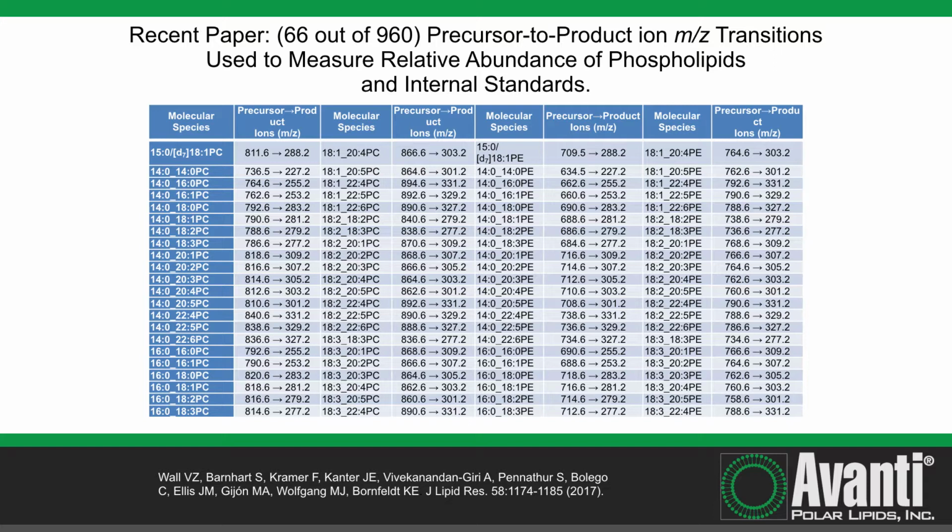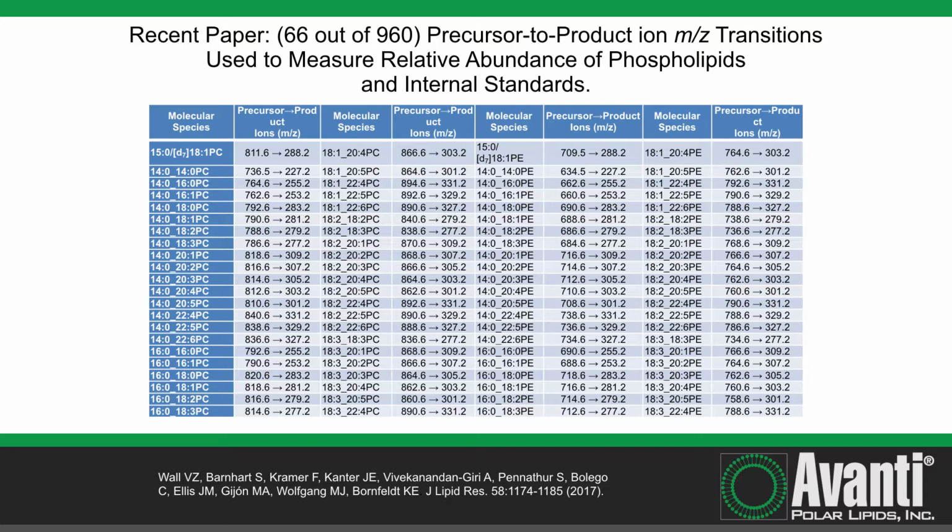All these transitions, and in fact this whole experiment analyzed 960 different lipids, of which I've only shown 66 here. But you can see the ion transition has associated with it a name of the molecular species, because you're looking at, in these particular cases, the specific ions, which are the carboxylate anions from that particular lipid.